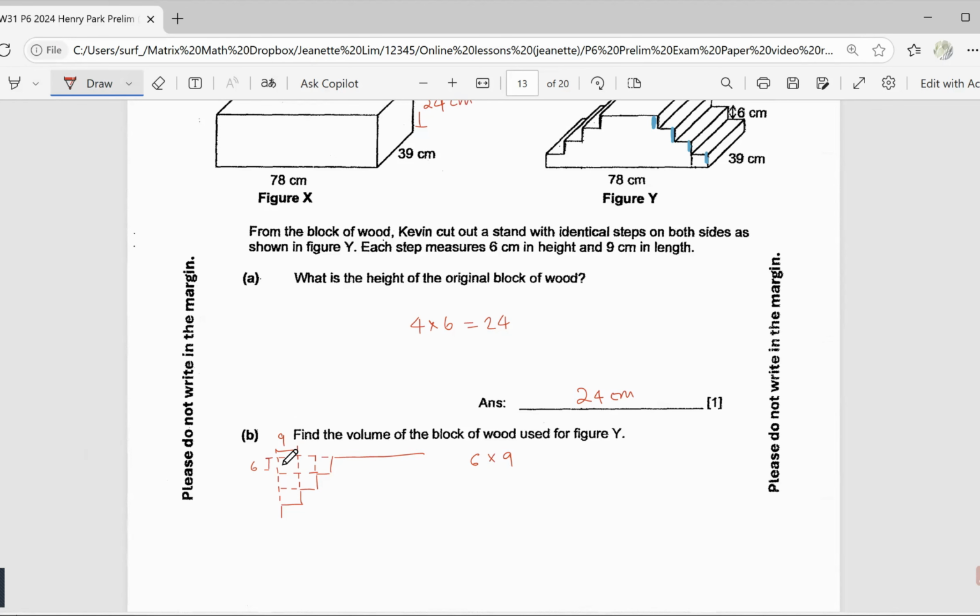Sorry, let's find one of these first. 6 times 9 is this surface area, but then it has a 39 cm long stick, or beam. So the volume will be 6 times 9 times 39.